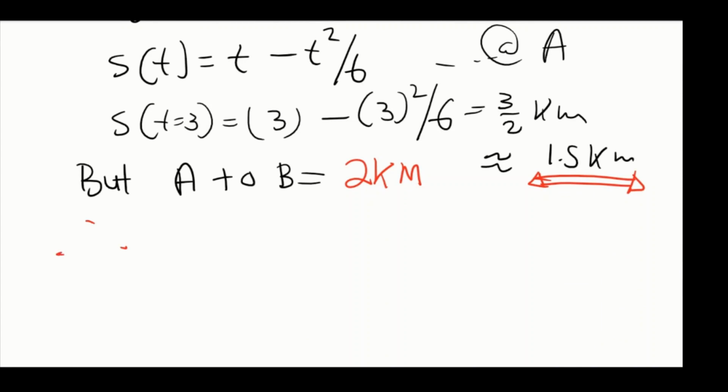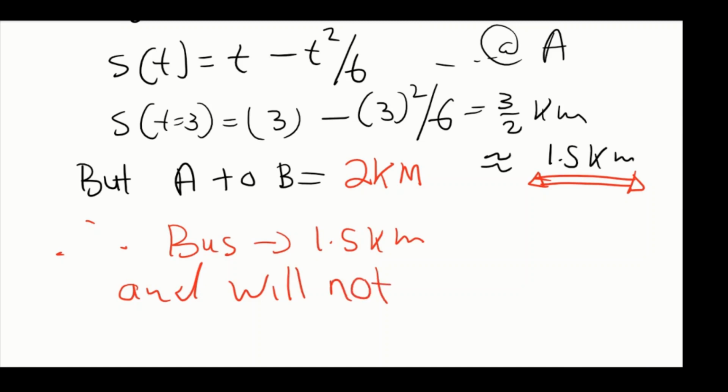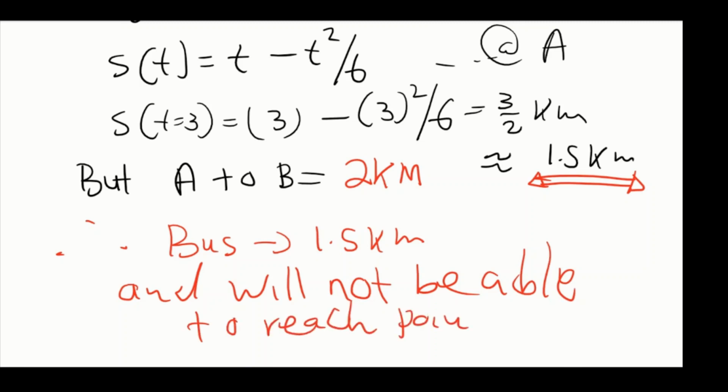Therefore, the bus will only travel 1.5 kilometers and will not be able to reach point B, right? If it doesn't reach point B, it won't be able to reach the diesel to fill up the tank.